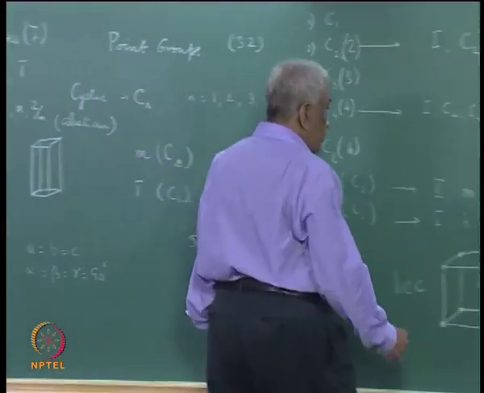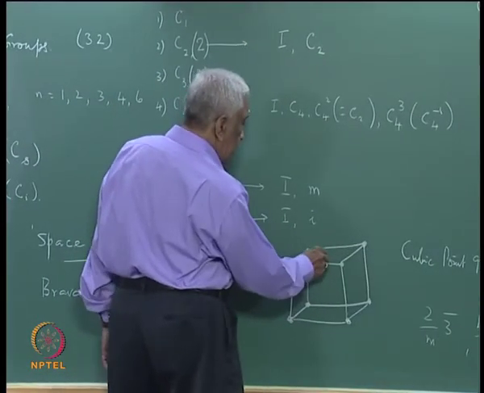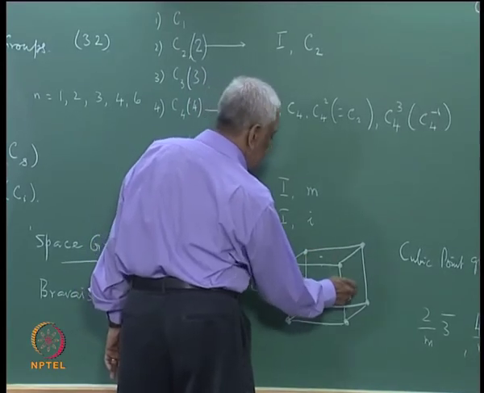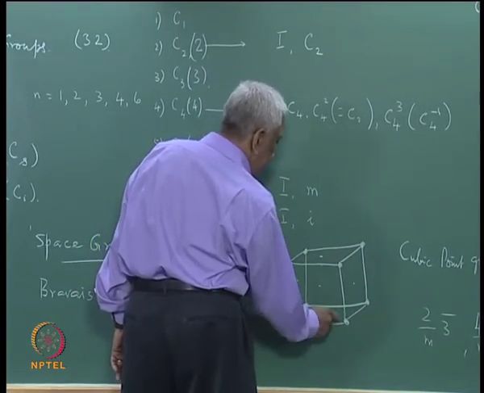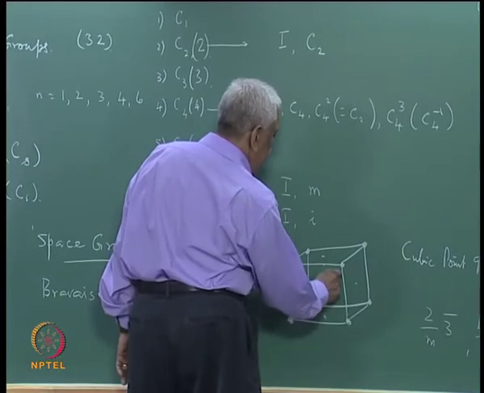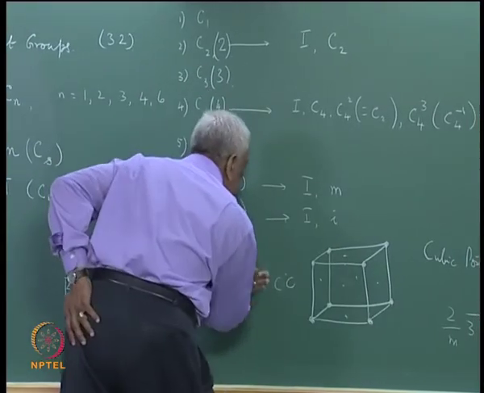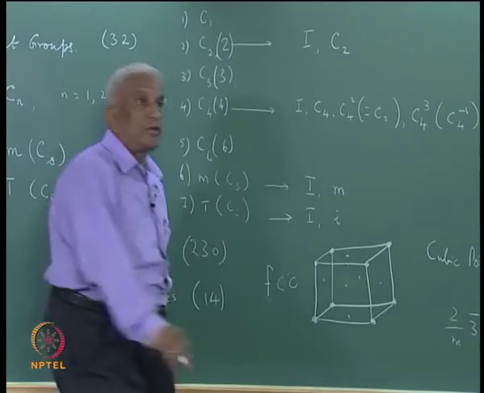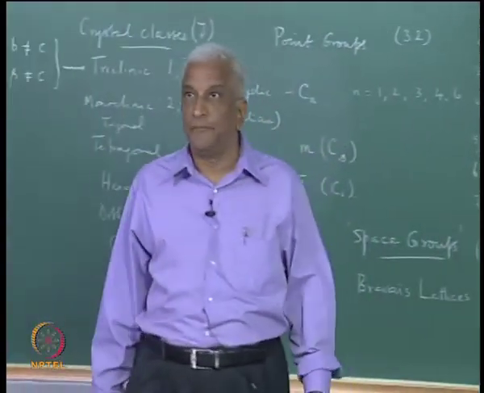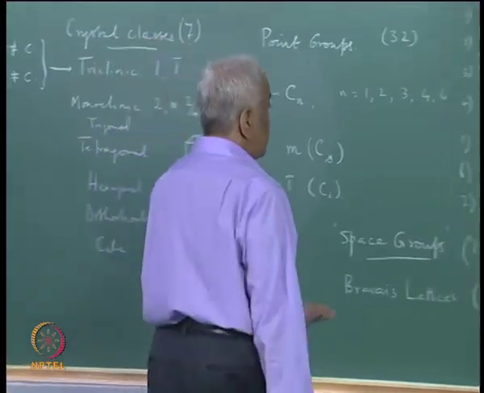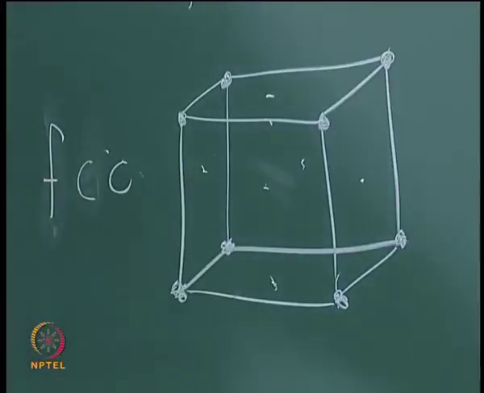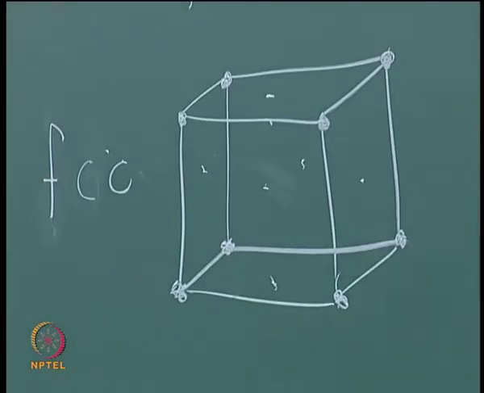Or we can also add atoms at the face centers. So, if you have atoms like this, then this is a face centered cubic lattice, FCC. These are much more tightly packed than a simple cubic space lattice.